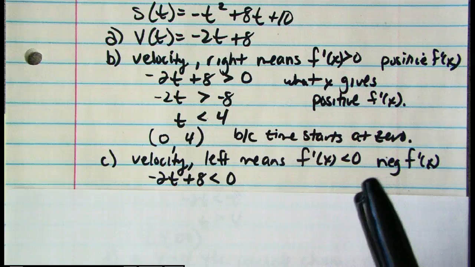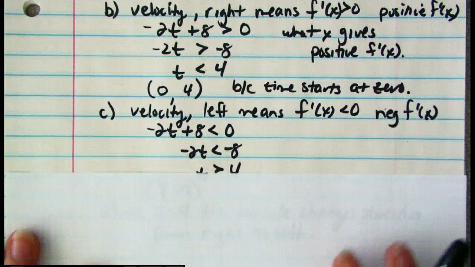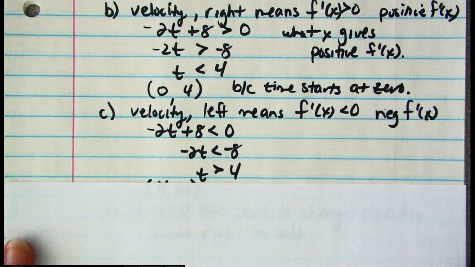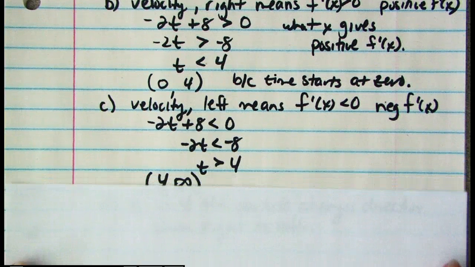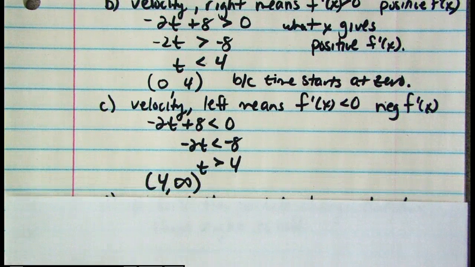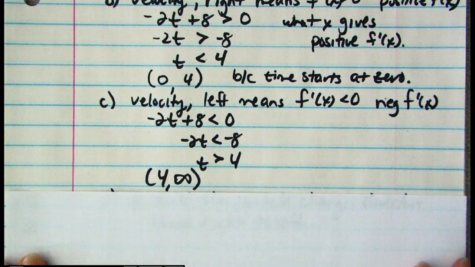Negative means I'm traveling to the left. So again, I proceed with the same math. I remember to flip my inequality when I divide by a -2. And obviously that means the times are greater than 4. So from 4 to infinity, because time can go forever. So I've answered parts B and C.